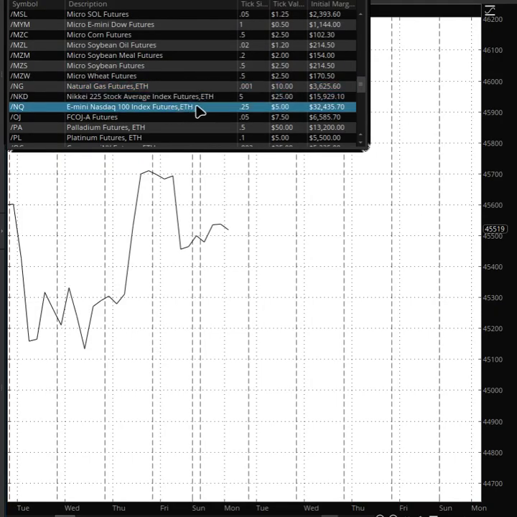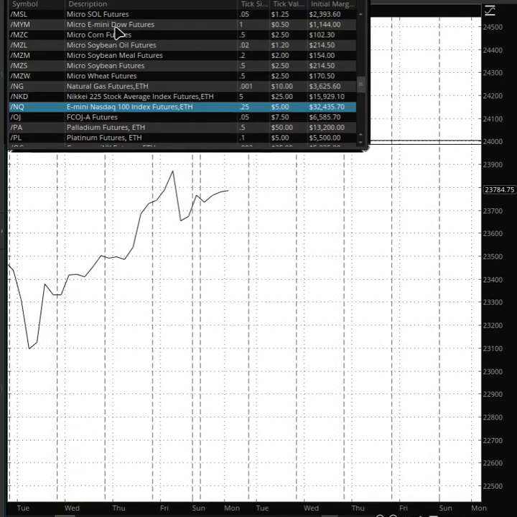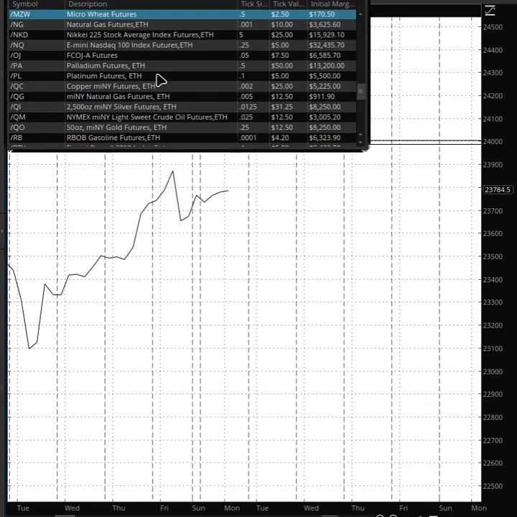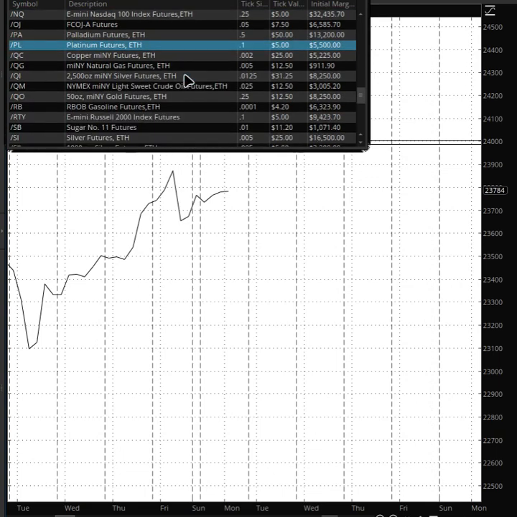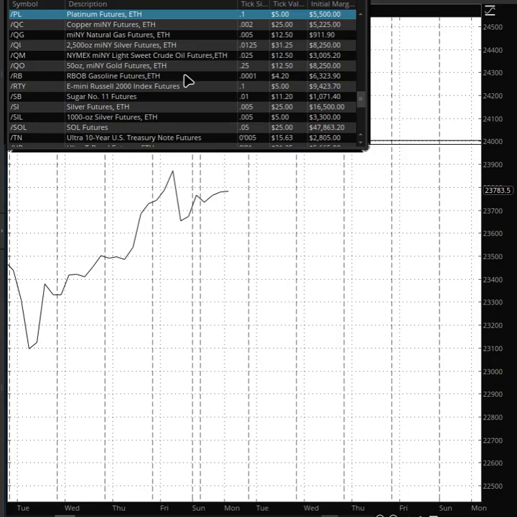Here's the E-mini NASDAQ 100. We'll include that too. Now, the different markets will offer a fractal where you can toggle between these markets to see how the overall picture on Wall Street looks.